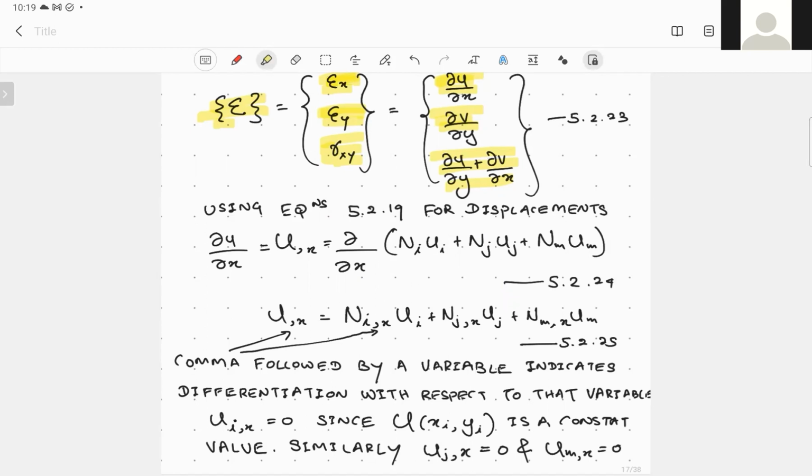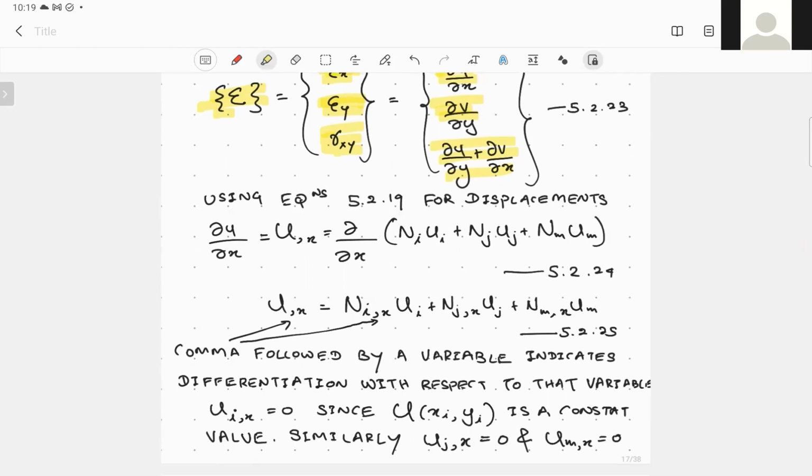So why are we doing this now? We already selected an element. We came up with displacement functions, which can be described using the nodal degrees of freedom. Now we would like to relate these displacement functions to the stresses via stress strain relationships.